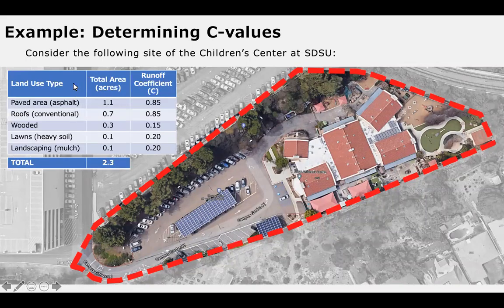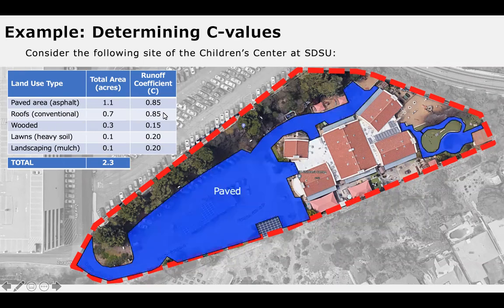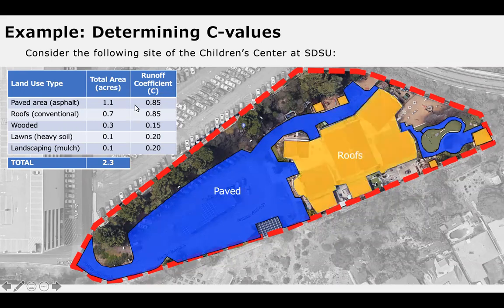If we were to break down the total amount of area for each of these types, we can measure that 1.1 acres of that area is paved asphalt, and that gets a runoff coefficient C of 0.85. Approximately 0.7 acres on the site consist of roofs, which also have a runoff coefficient of 0.85.